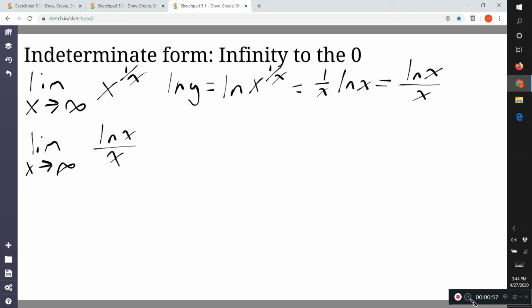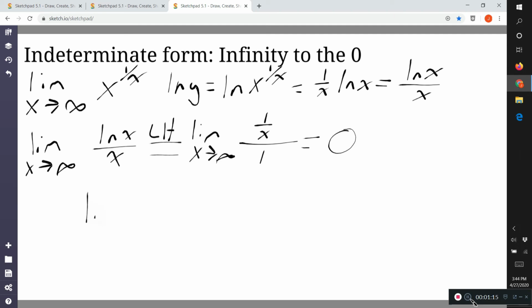We would get infinity over infinity here, so we can apply L'Hopital's rule. We are going to get the limit as x goes to infinity of 1 over x over 1, which simply when you plug infinity would be 0. 1 over infinity is 0. Now that doesn't mean our answer is 0, because we still have that process, natural log of y equals 0. That means e to both sides, y equals e to the 0, which is 1.